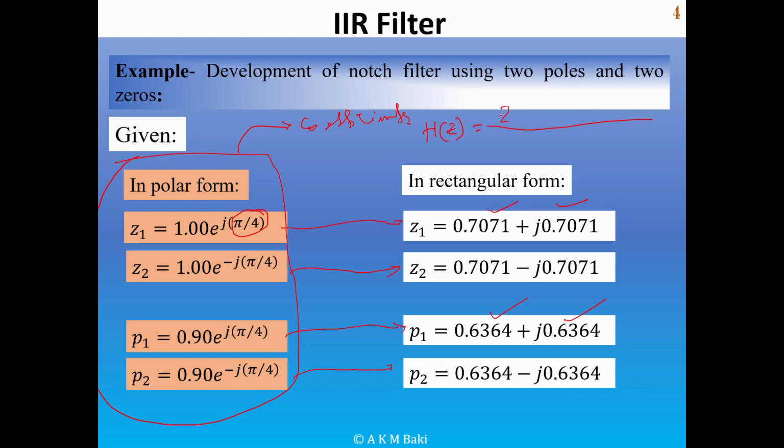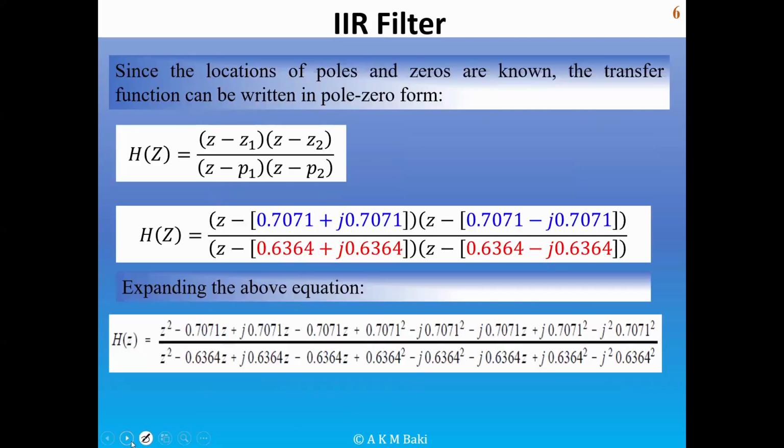You know the numerator is related to zeros, in this form z minus z1, z minus z2, and on the denominator side it is z minus p1, z minus p2. So these z1, z2 as well as p1, p2 are given. You need to replace these values in this equation. That can be done.